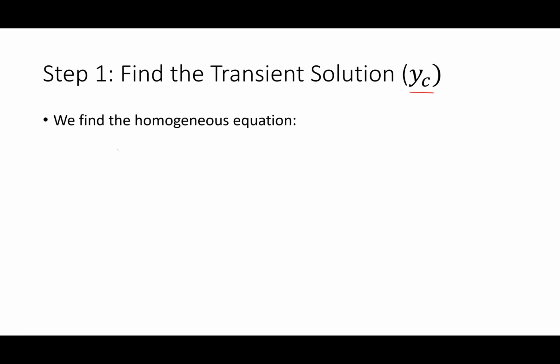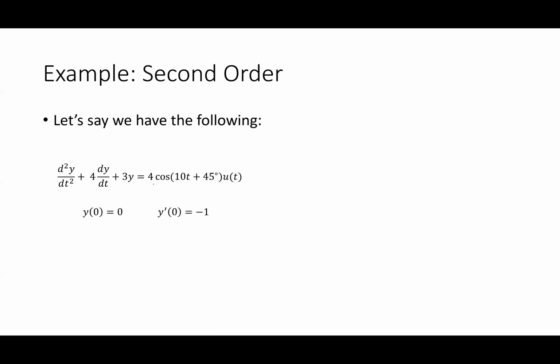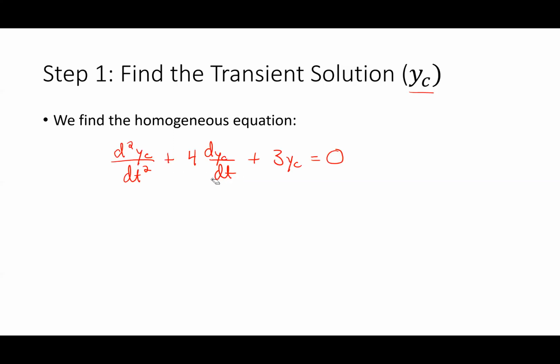So d squared y_c by dt squared plus 4 dy_c by dt plus 3y_c equals 0. That's our homogeneous equation. We get rid of the driving function on this side of the equation and replace it with 0. This allows us to figure out the part of the response that's coming just from the system itself and not from the input.